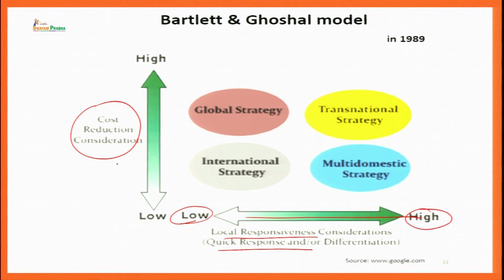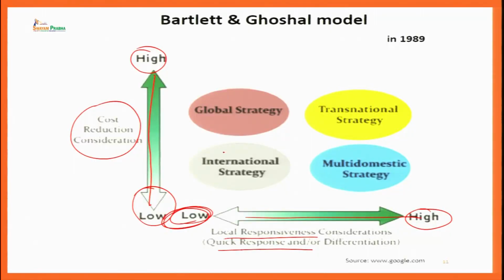Here the cost reduction pressure is very low, that means there is no pressure upon the company to reduce the cost, whereas as you move up the y-axis, the cost reduction pressure becomes very high for the company. Here there is no local responsiveness pressure, that means you can offer the product you want to, there is no need of customizing and altering the product as per taste and preference, because your product might be quite close to the need of the customer. So here it is low, and on the other side it is very high.